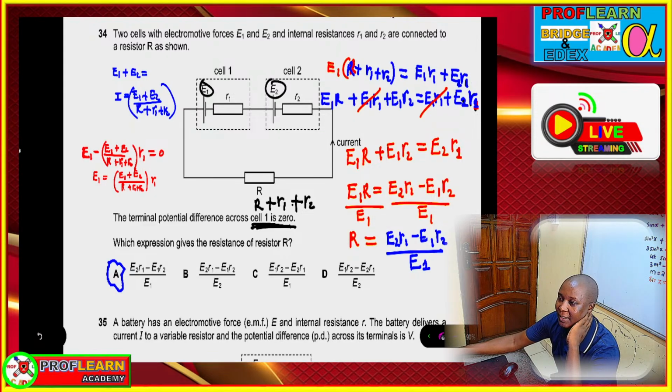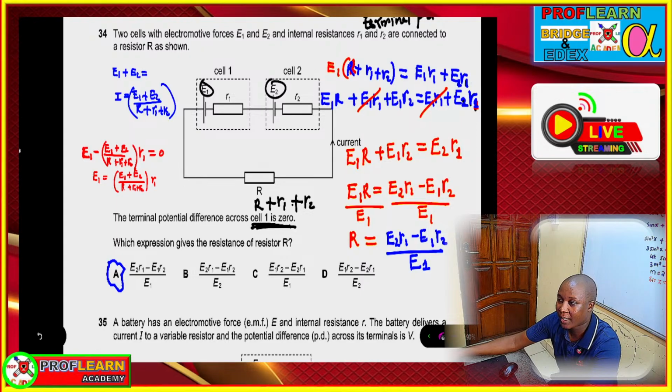So IR is the potential drop due to the internal resistance of the cell, and V is the terminal PD.